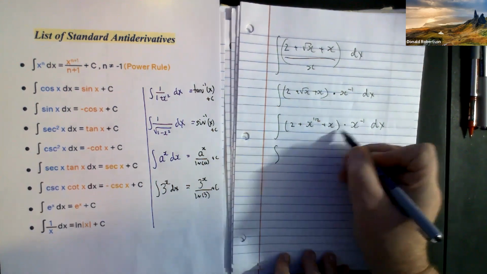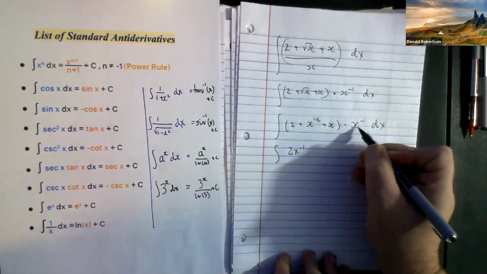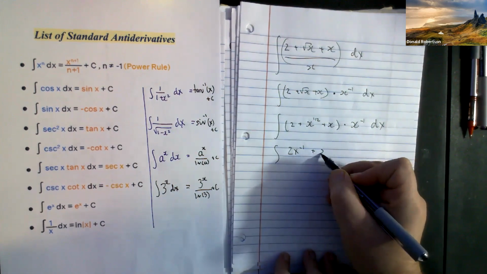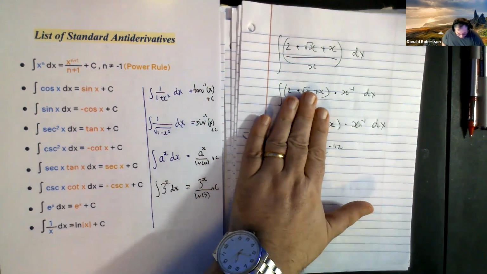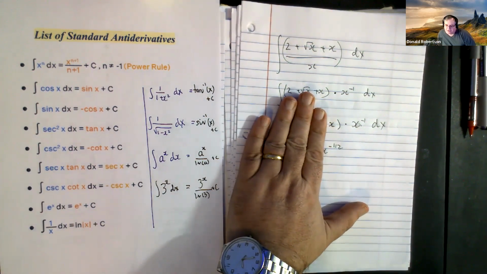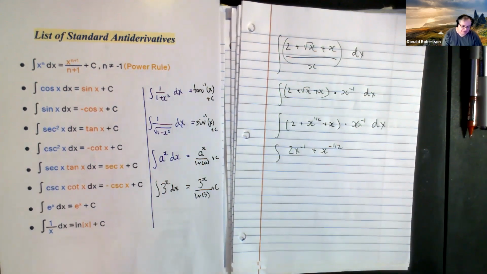Now, you multiply through, you get this guy. You multiply through, you get this guy. And you multiply, oh, that's a weird one. What do you get if you multiply x to the 1, by x to the -1? What do you get if you do that? Yes, you get 1.